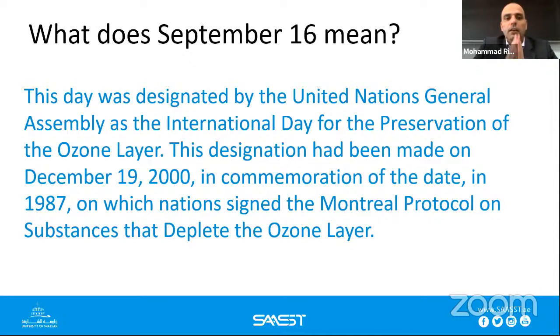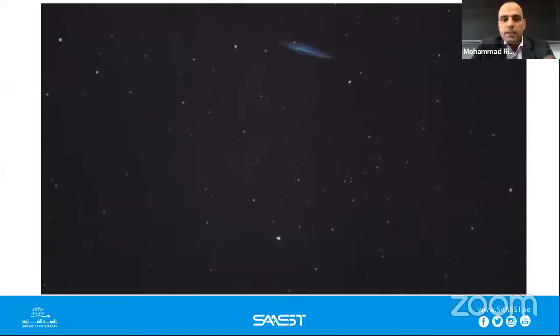They signed the protocol in 1987 to prevent all chemicals that can destroy the ozone layer, the tropospheric ozone layer. And starting from December 19th, 2000, they started celebrating this date. So let's see this video.